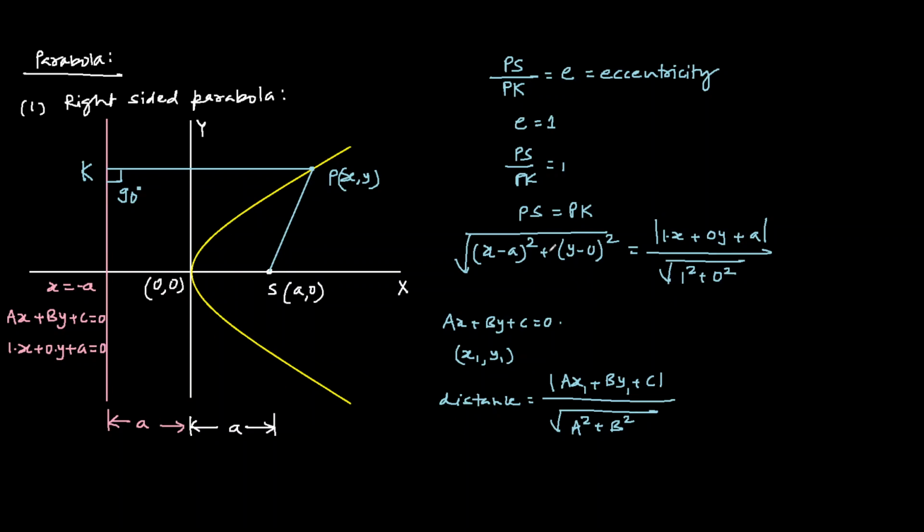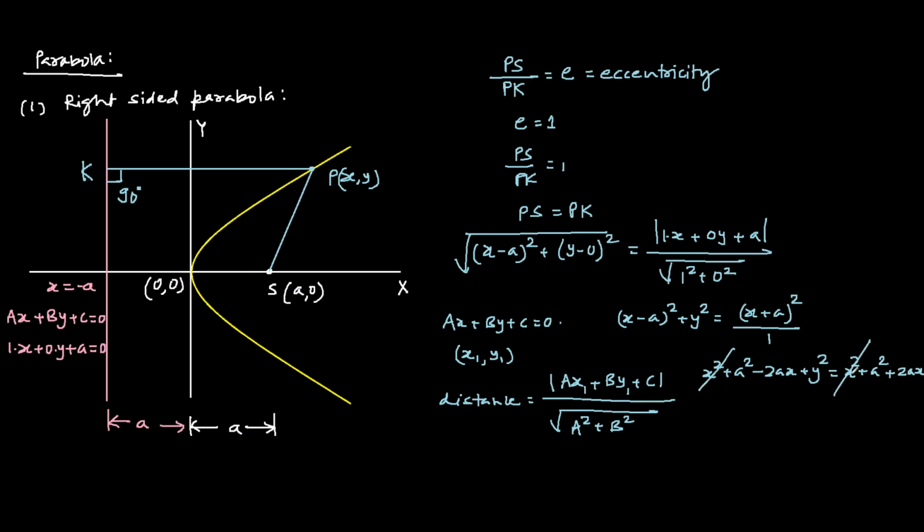So squaring both sides, this will be (x minus a) square plus y square. On the right hand side we have (x plus a) whole square divided by 1. Now expanding this, we have x square plus a square minus 2ax plus y square. On the right hand side we have x square plus a square plus 2ax.